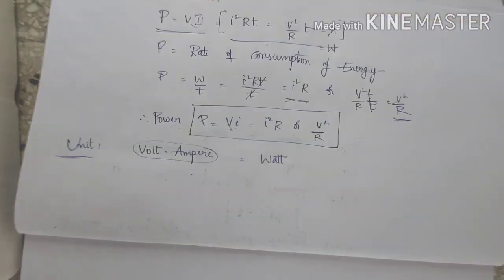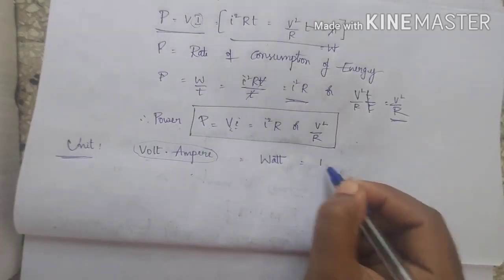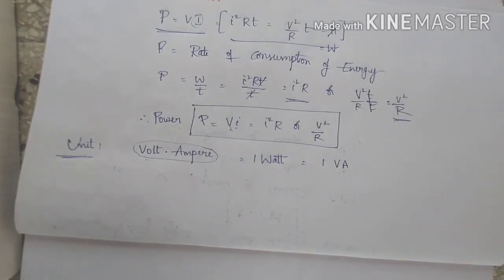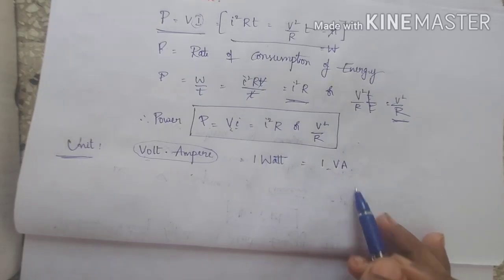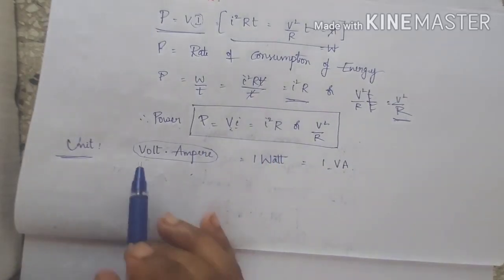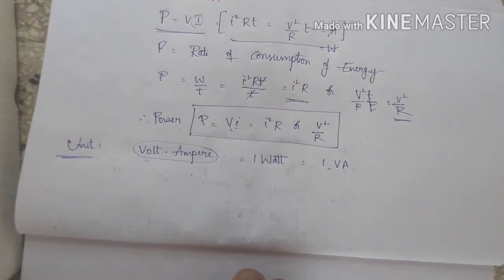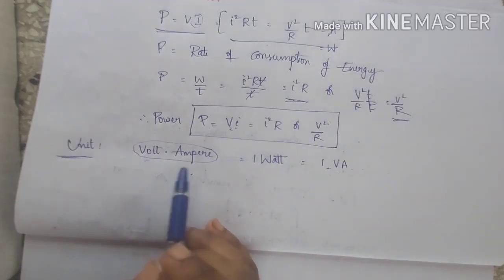You can also read this as 1 volt ampere, VA. The definition for watt: power is said to be 1 watt if a current of 1 ampere flows through a resistor or a circuit of 1 volt potential difference. So 1 watt is 1 V into 1 A, 1 volt ampere.